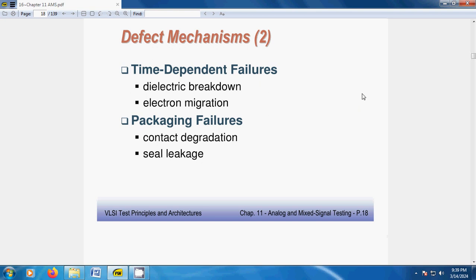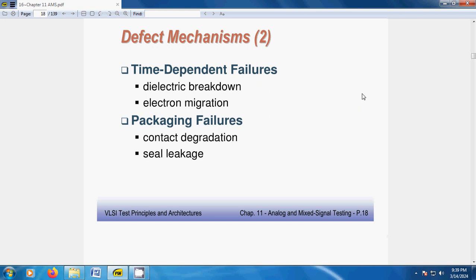If the contact wire becomes degraded due to environmental parameters, due to heat or cold or corrosive atmosphere or very high temperature of atmosphere, for example in satellite applications, then contact degradation happens.